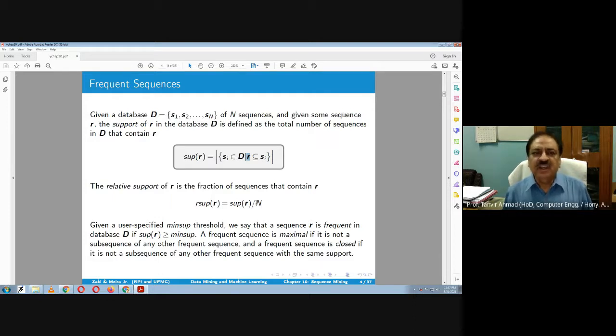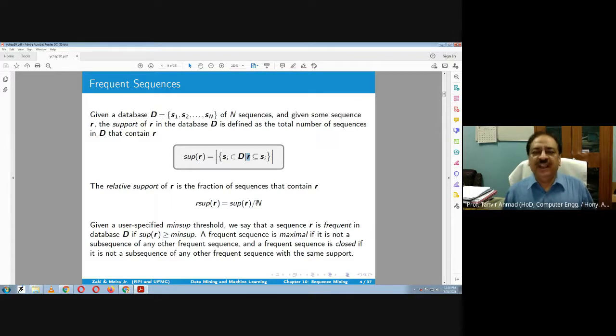If suppose there are 10 sequences in the database and R appears in 5 of them, then I can say the support of R is 5, and the relative support is given by the support of R divided by n. Suppose it appears 5 times out of 10, we say 5 by 10, that is 50%. And therefore, these are the frequent subsequences we want to find.